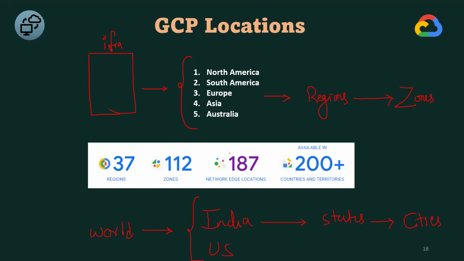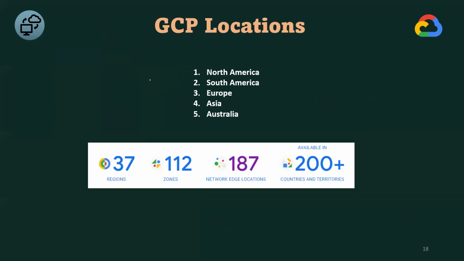Assume this is Google's entire infrastructure. Let me tell you why they divided it. If the resources that GCP has were only available in North America, only people in and around North America could use them. People all over the world, such as South America, Europe, Asia, and Australia, could not use it.